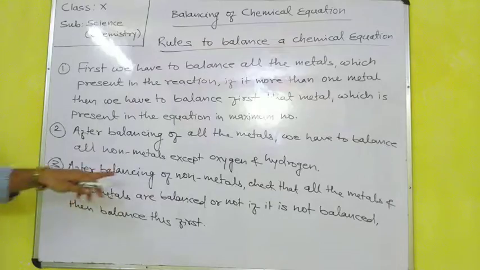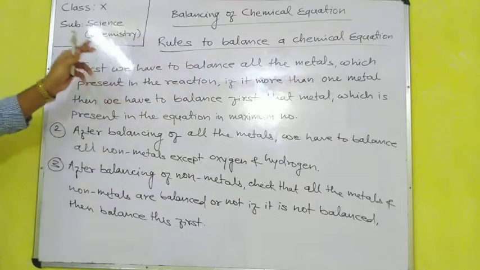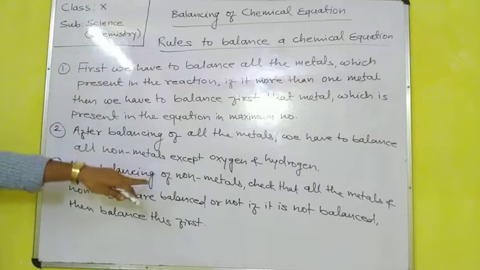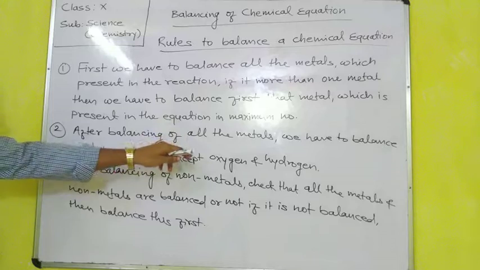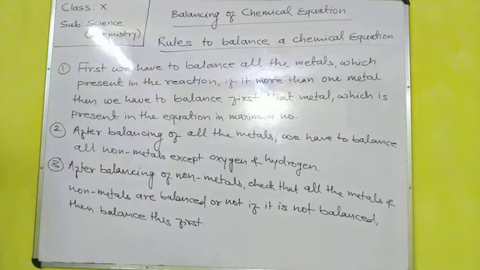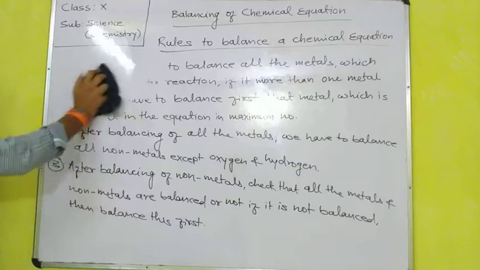In the third step, after balancing all the non-metals, we check whether all the metals and non-metals are balanced, or whether balancing the non-metals disturbed a metal. We have to check it at each step. So in the next step, the fourth point, you have to write.